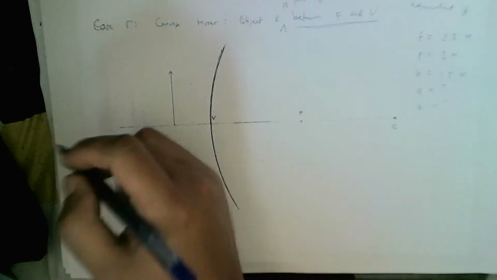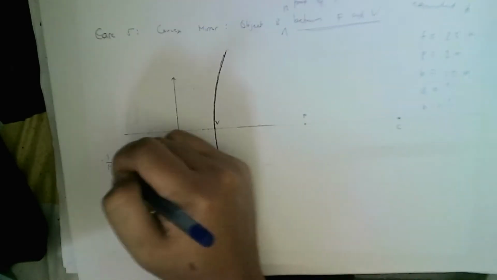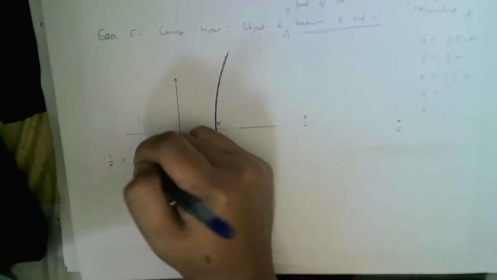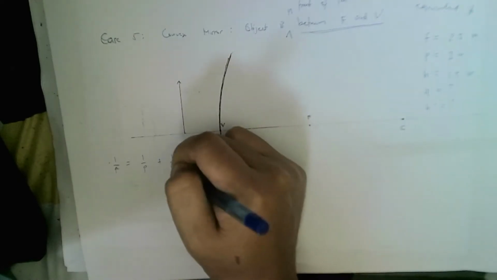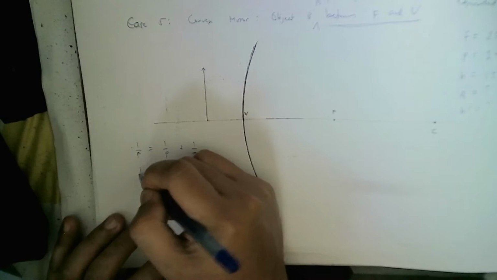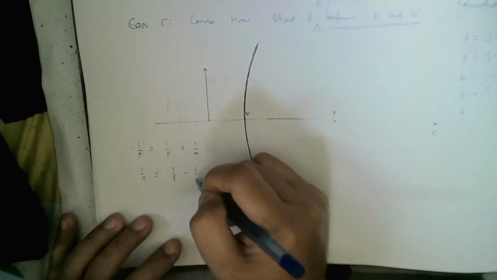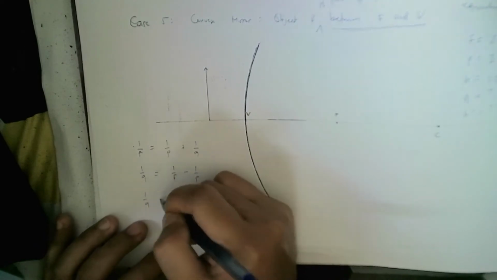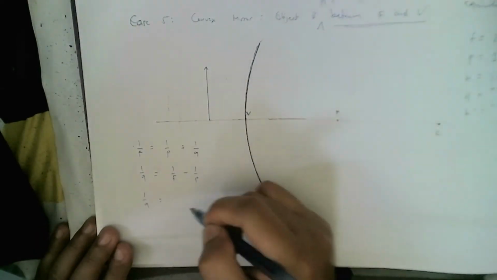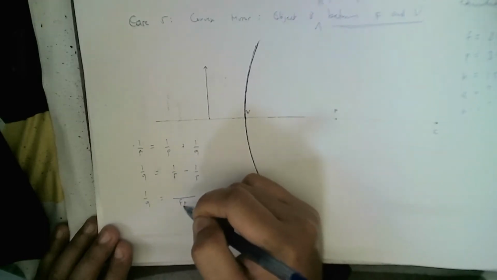But anyways, so again, 1 over F is equal to 1 over P plus 1 over Q. So that means I want to solve the 1 over Q side. So 1 over Q is 1 over F minus 1 over P. So I want this to be one whole term, so I will join these two fractions together. So that's FP.